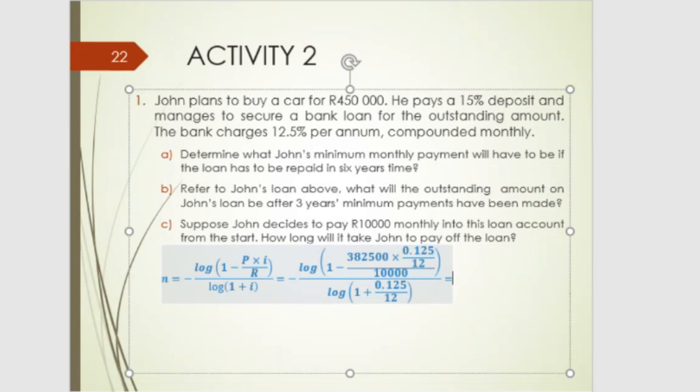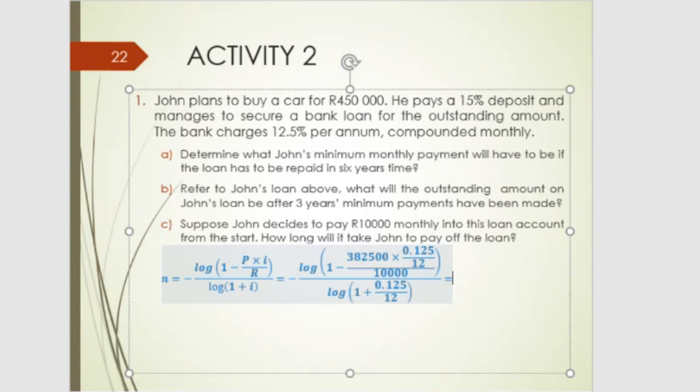Then there's a fraction 382,500, then multiplied by a fraction 0.125 divided by 12, and before I go there, let me go down to 10,000.